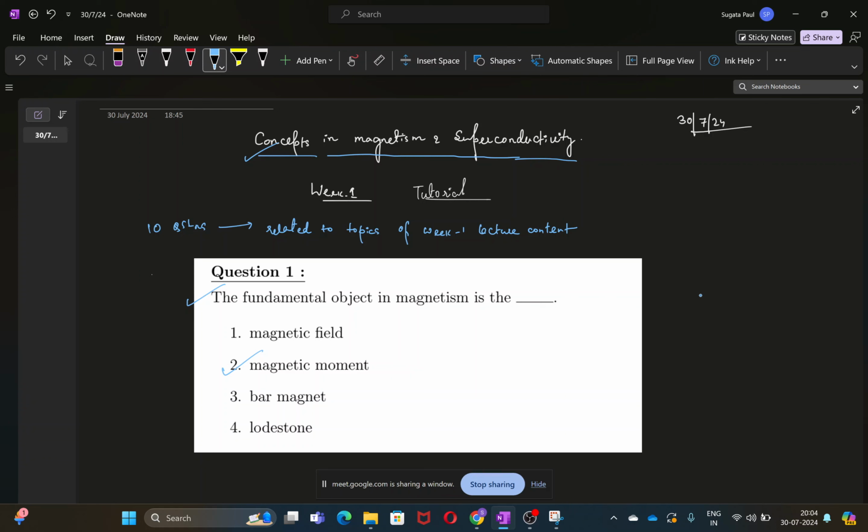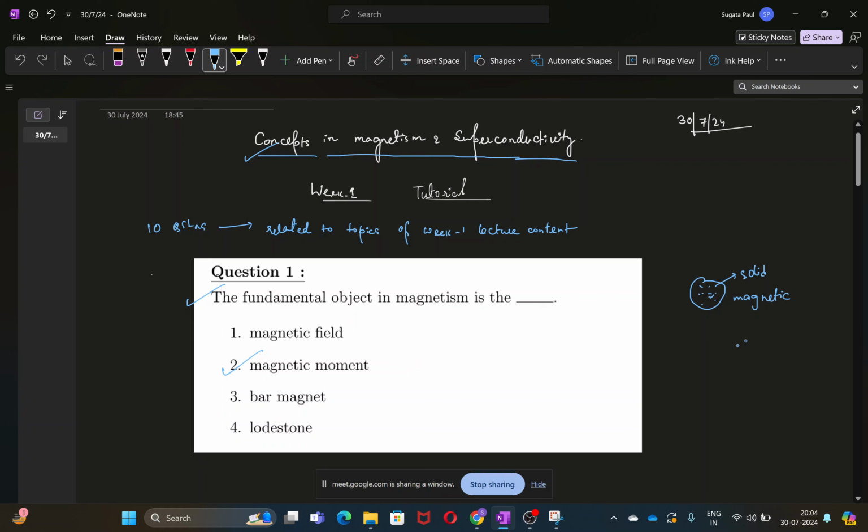When we consider magnetism in a solid, we have to consider the individual magnetic moments coming from each of the atoms. That takes us to the origin of magnetism, because let's say you have a solid object like this, and it has some magnetic properties.